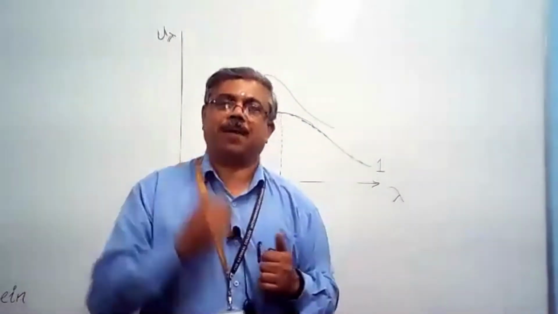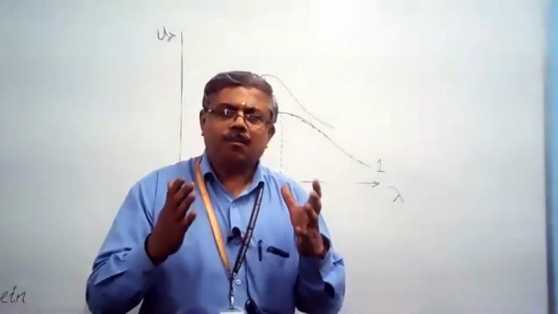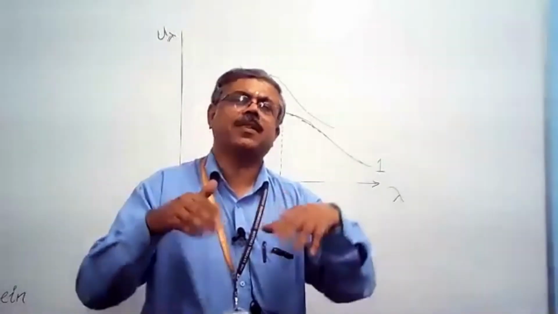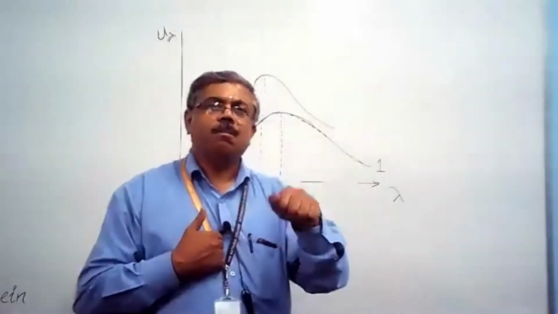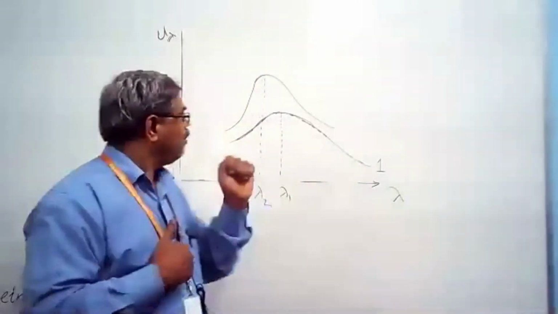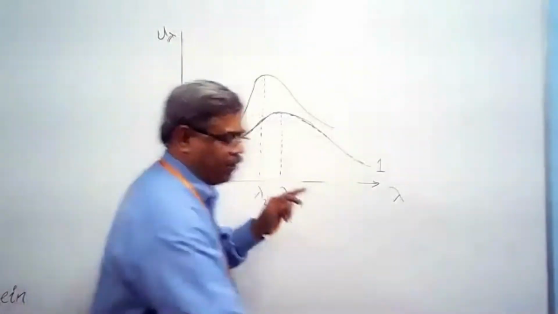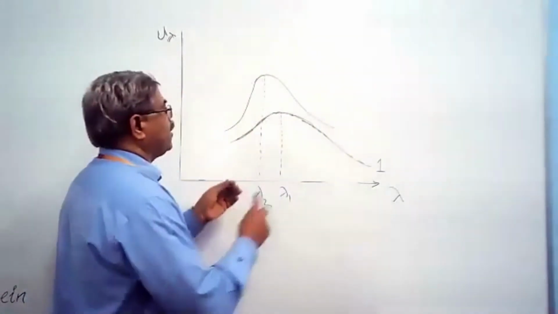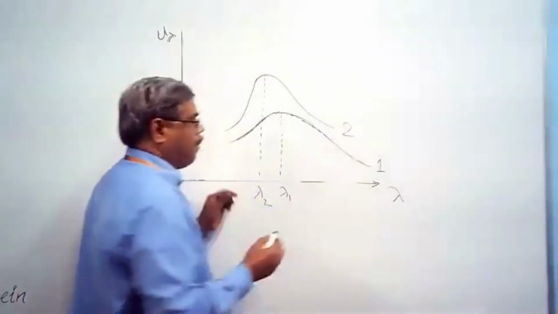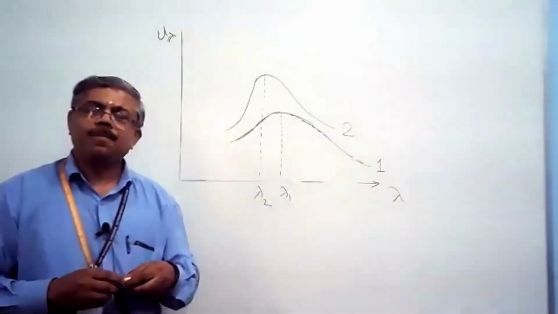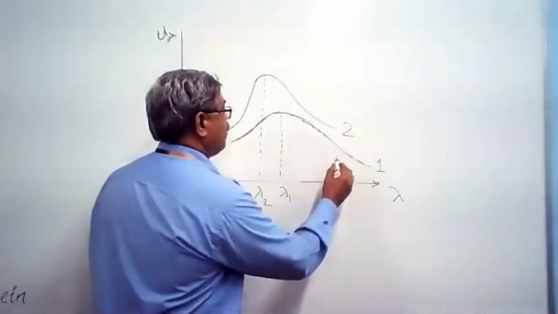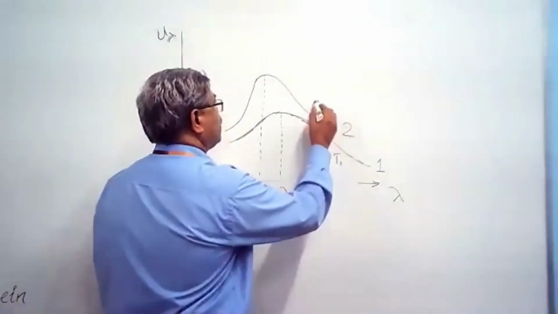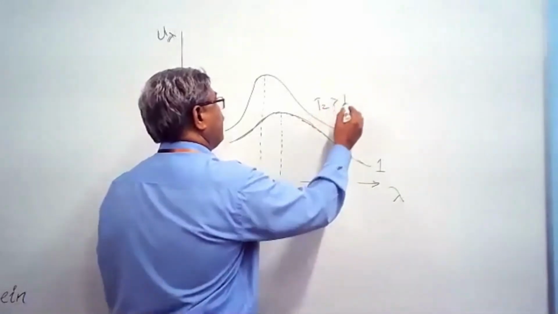So lambda MP. Now, if the black body is heated to some other higher temperature, then we get a similar curve, but a curve of a different nature. Look at this part. This is curve number 2, plotted in the same way, but for a black body at a higher temperature. Suppose you call this T1, then this is obtained at a temperature T2, which is more than T1.